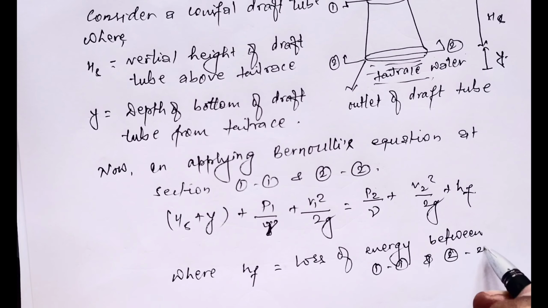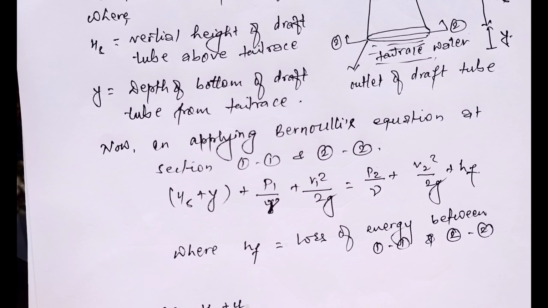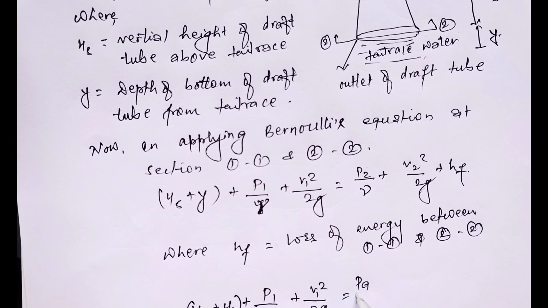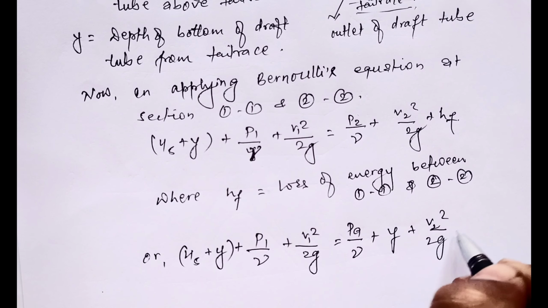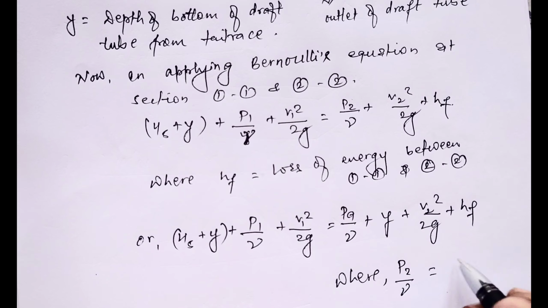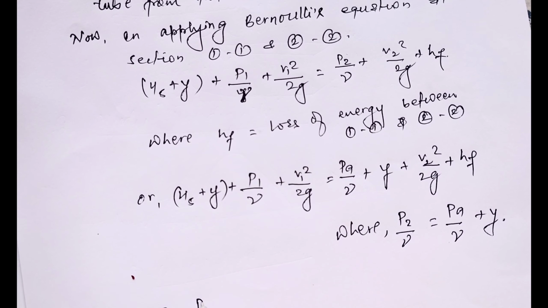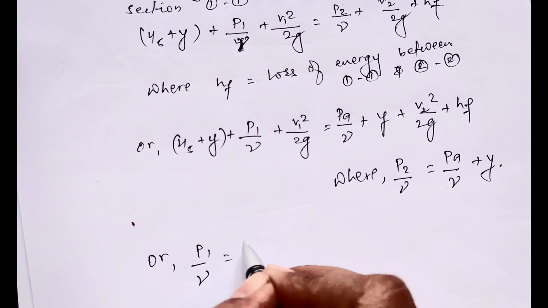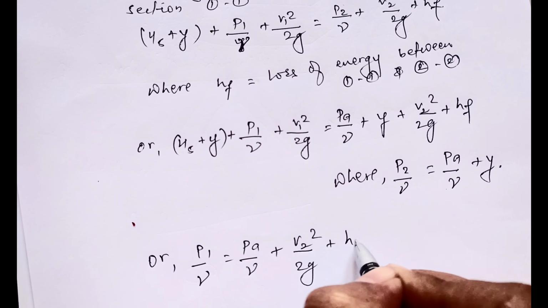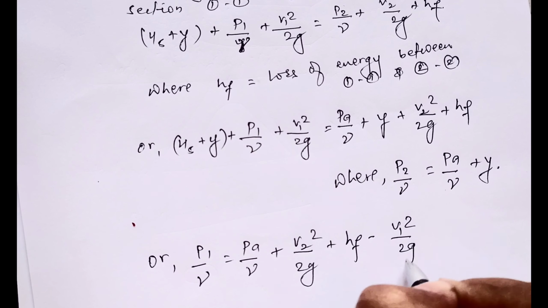Or HS plus Y plus P1 by gamma plus V1 square by 2G equals PA by gamma plus Y plus V2 square by 2G plus HF, where P2 by gamma equals PA by gamma plus Y, or P1 by gamma equals PA by gamma plus V2 square by 2G plus HF minus V1 square by 2G minus HS.